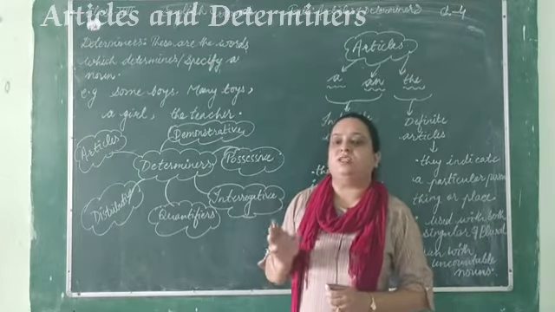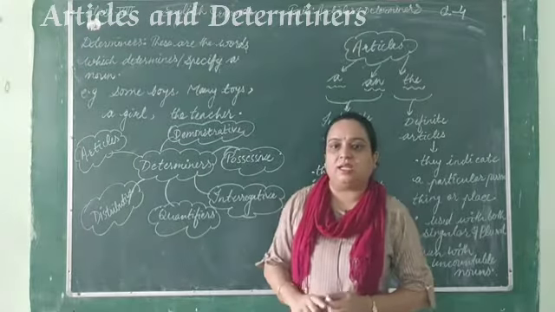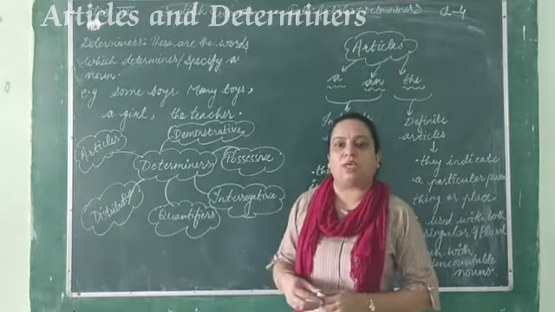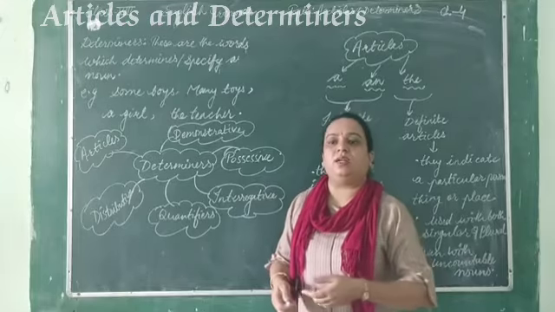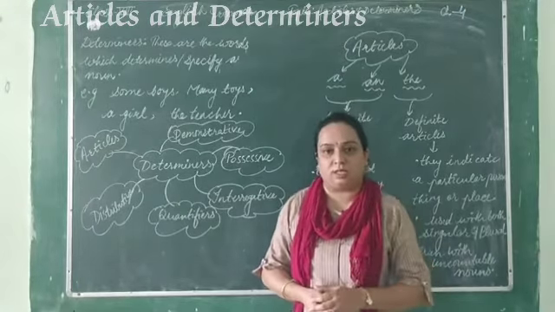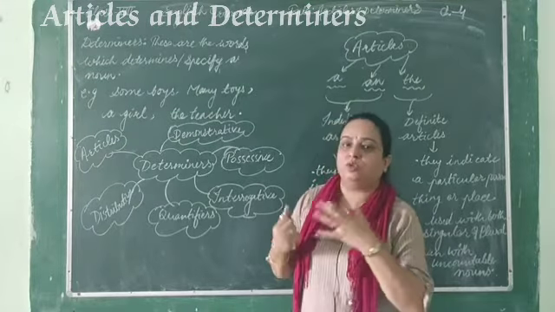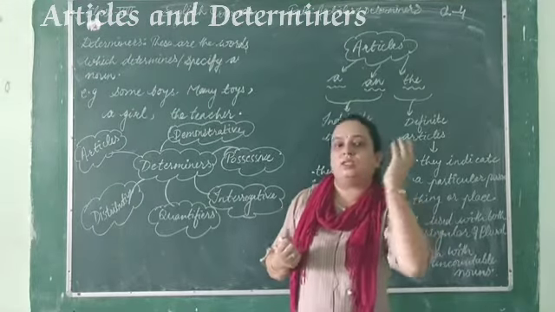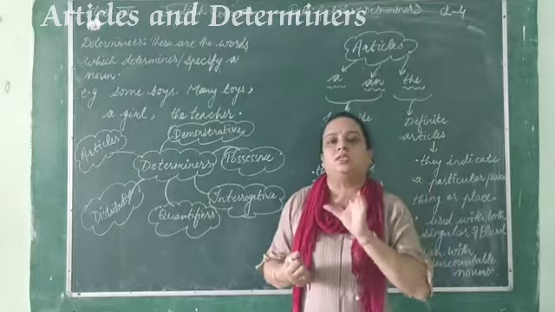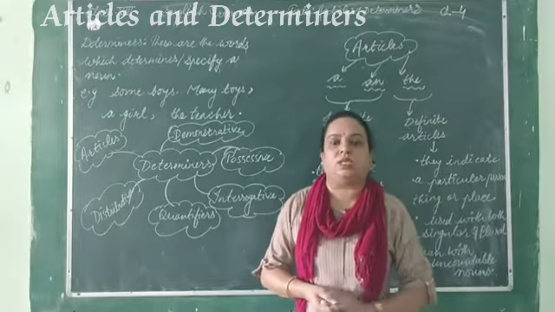So when we did adjectives, there we did not have this article determiner, so that we have to do separately. There we did indefinite adjectives and definite adjectives, right? So that's why this is a new one. You have to listen carefully. Actually the topics and some of the points are exactly like chapter number 3, which is adjectives.